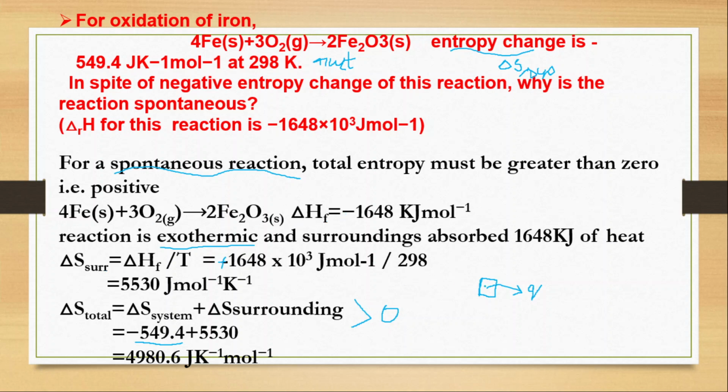The surrounding is absorbing the heat, so that's why it is positive. The magnitude remains the same, only the sign changes, and that is positive 1648 into 10 to the power of 3 joule per mole. The temperature maintained is 298 Kelvin. So the delta S for surrounding is 5530 joule per mole per Kelvin.